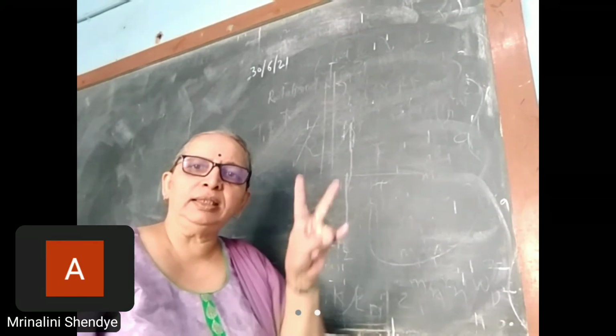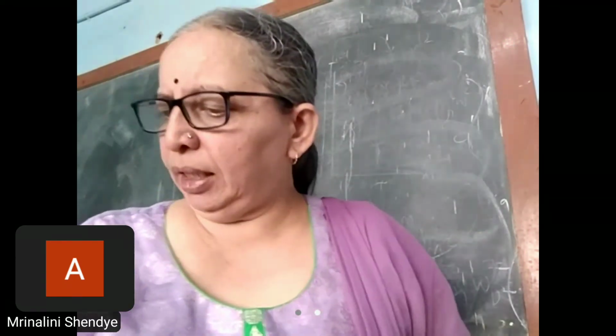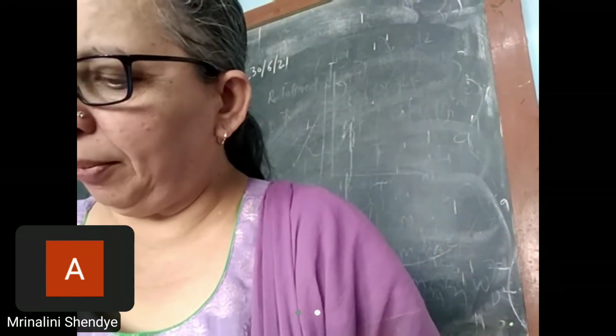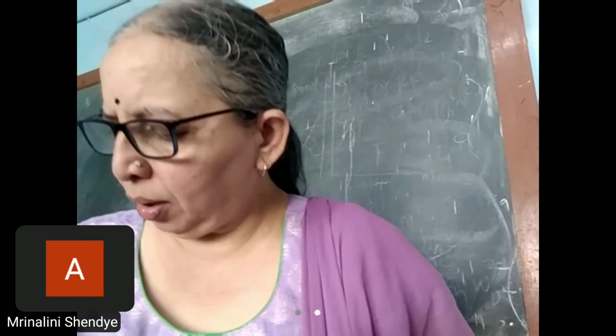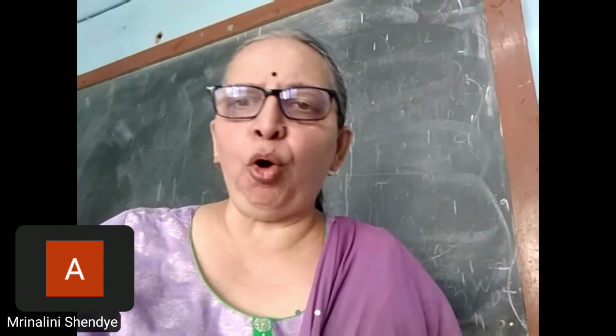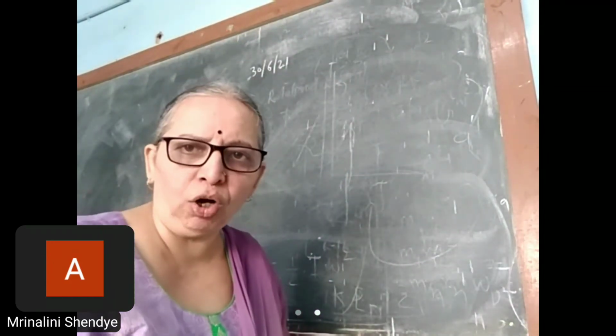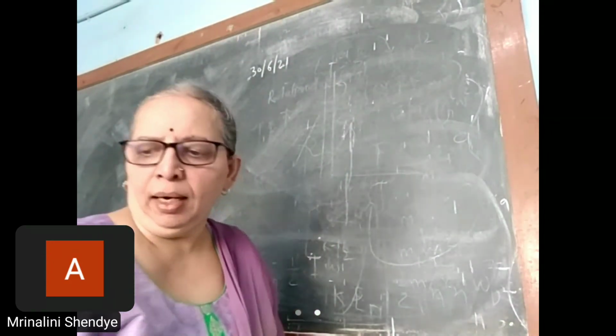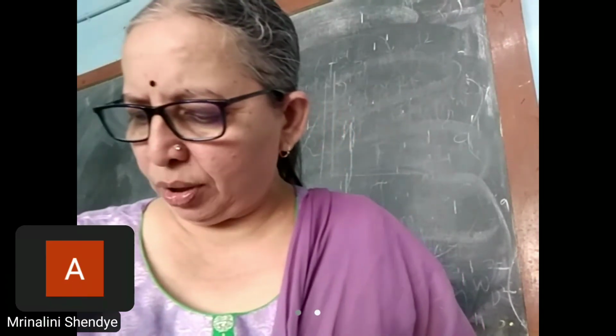So this is the second derivation. It is point number, open the book, page number 17, पॉइंट नंबर 1.9. मैंने डायरेक्ट टॉर्क का डेरिवेशन चालू किया है. I have started with rotational motion.